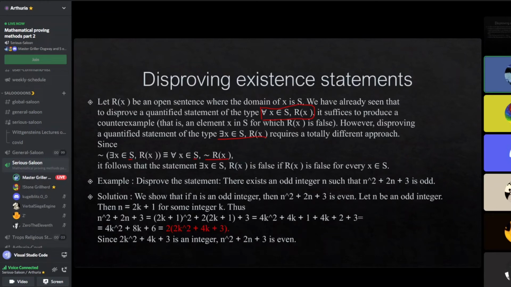Since I have shown like 7 examples of this, the easy solution is that since we know that n is an odd integer, we replace it with this. This is from the previous lecture. This is just a formulation of what it means to be odd, and by simple algebra we get to this. The k here is obviously a placeholder.